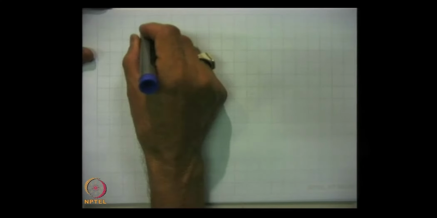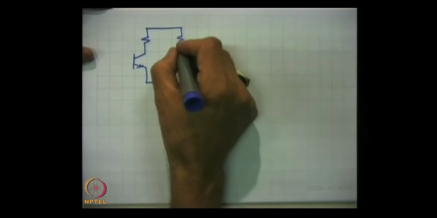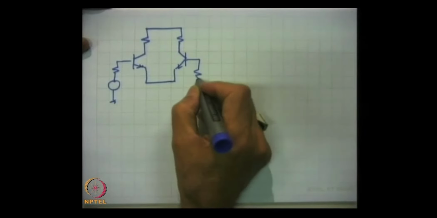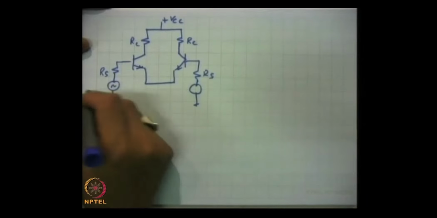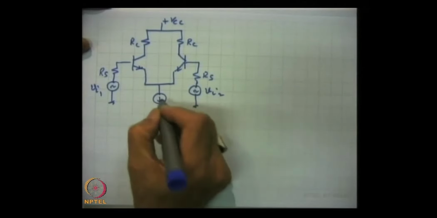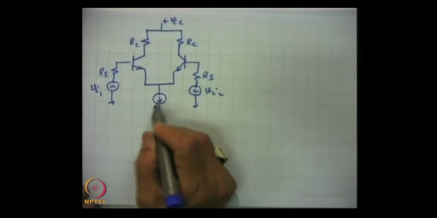The circuit will be this. We have replaced that RE by the constant current, and that is IT.